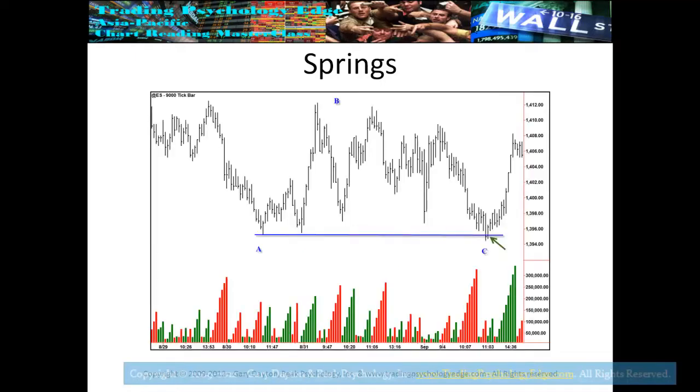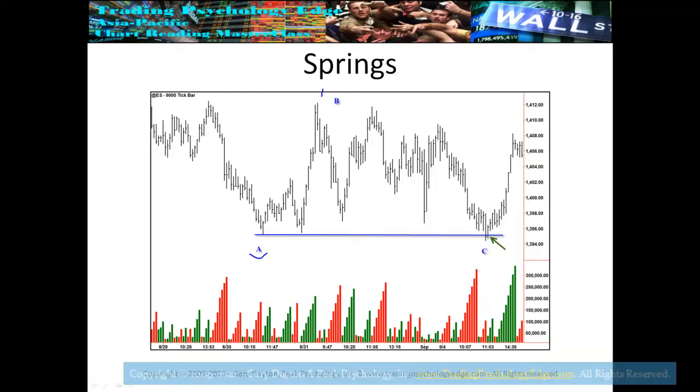Okay, here's a spring, exactly what we were just talking about. This is an intraday chart, and here's the low put in at A, the rally up to B, and this goes sideways for a while, and then it comes back underneath C, underneath the low of A, dips underneath very lightly, and then immediately springs back up and just takes off from there.